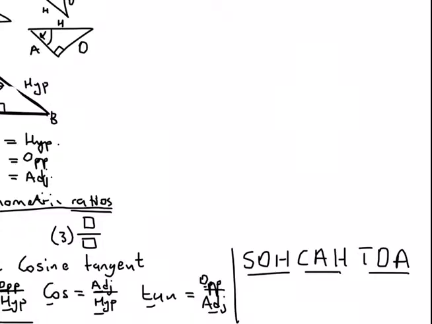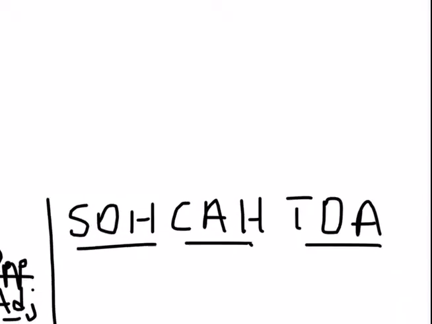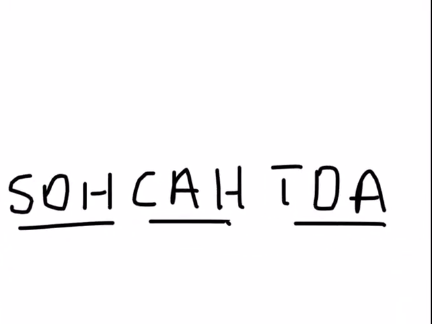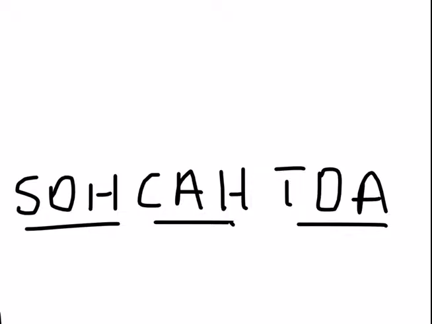So the main aim was to simplify sine being opposite over hypotenuse, cos being adjacent over hypotenuse, and tan being opposite over adjacent. Now we have shortened it to SOHCAHTOA. Going forward, I will only talk about SOHCAHTOA because it's a short version of what I've already explained.